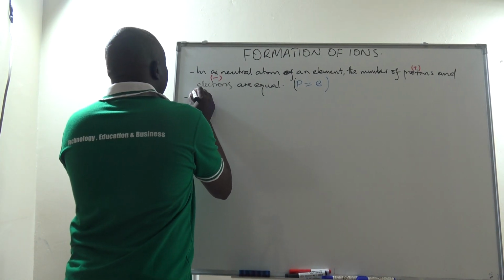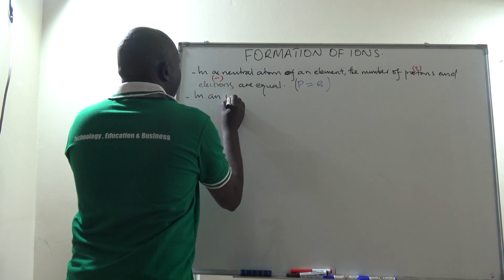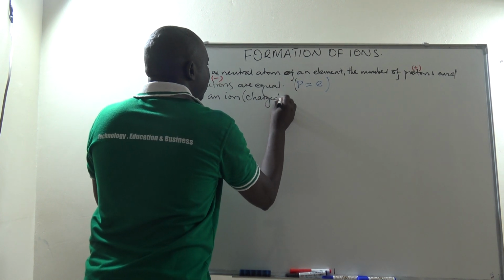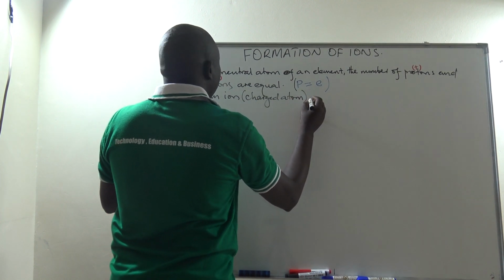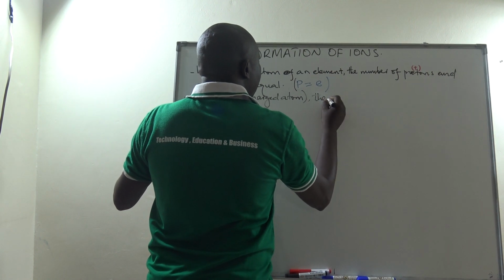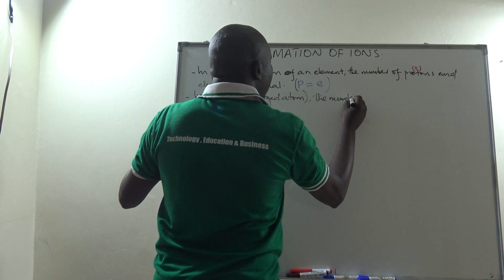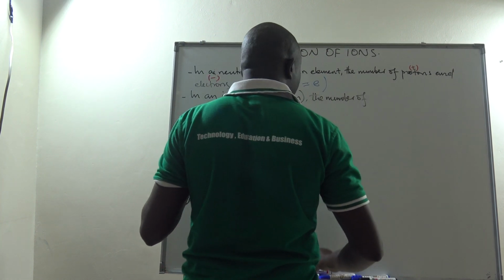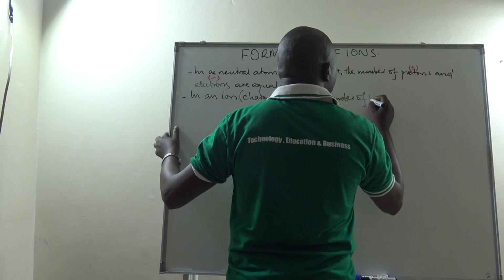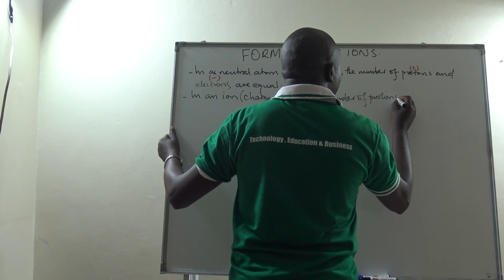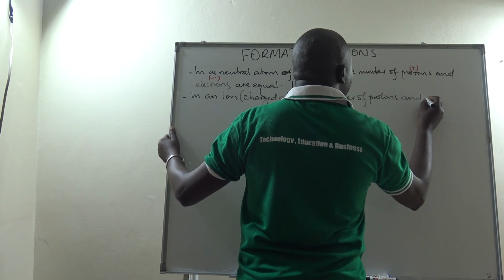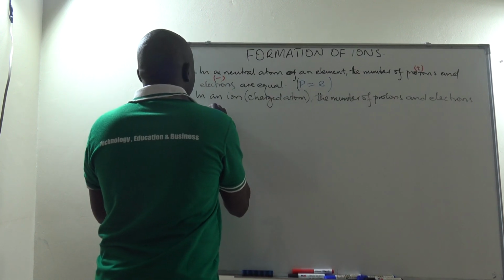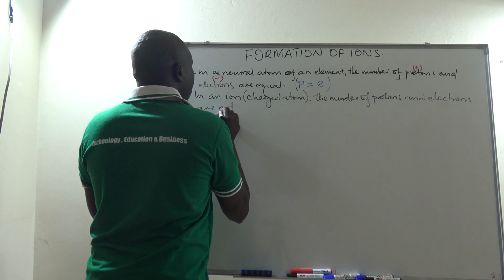Let us firstly say that in an ion, which is a charged atom, the number of protons and electrons are not equal.